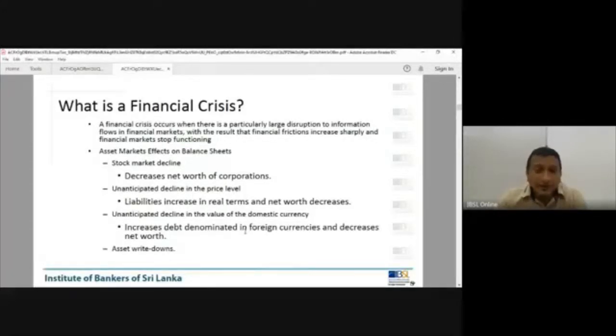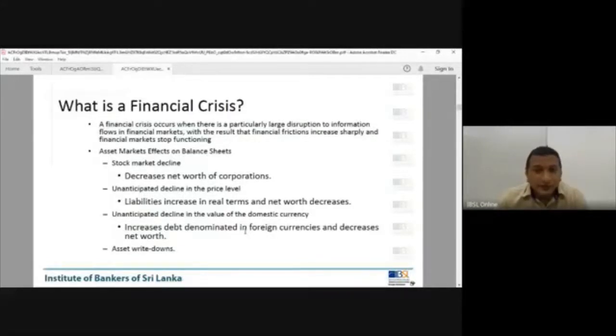So these financial markets become one-sided because information with respect to the other side is not available. If not, even if the information is available, the trustworthiness of, or the confidence in such information, is also very low, because markets are doubting whatever information is available at times of financial crisis.